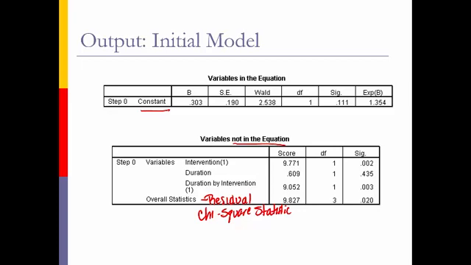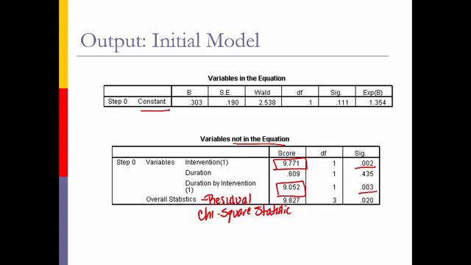So in the variables that were not added, intervention would have been added first because it has the largest value. The significance is saying it is significant, so again it would be entered. Duration by intervention, so the combination of the two, is significant, so it would be entered.